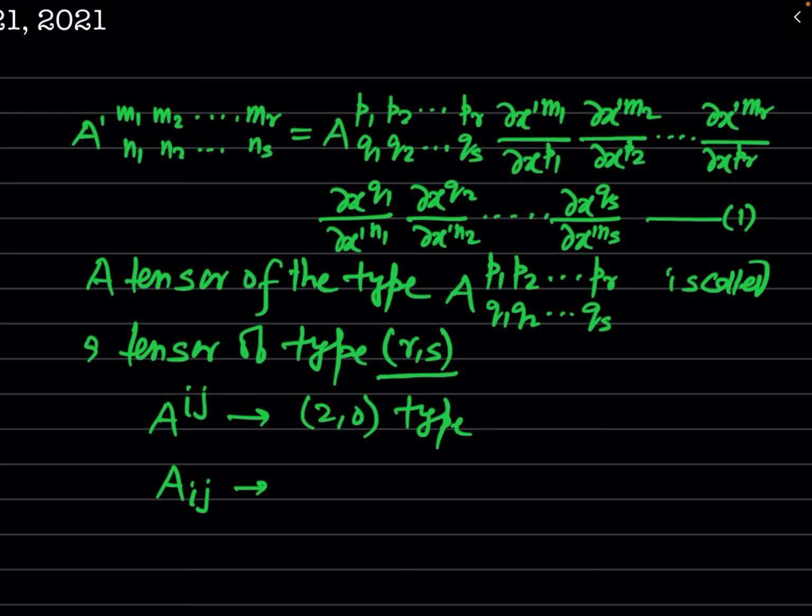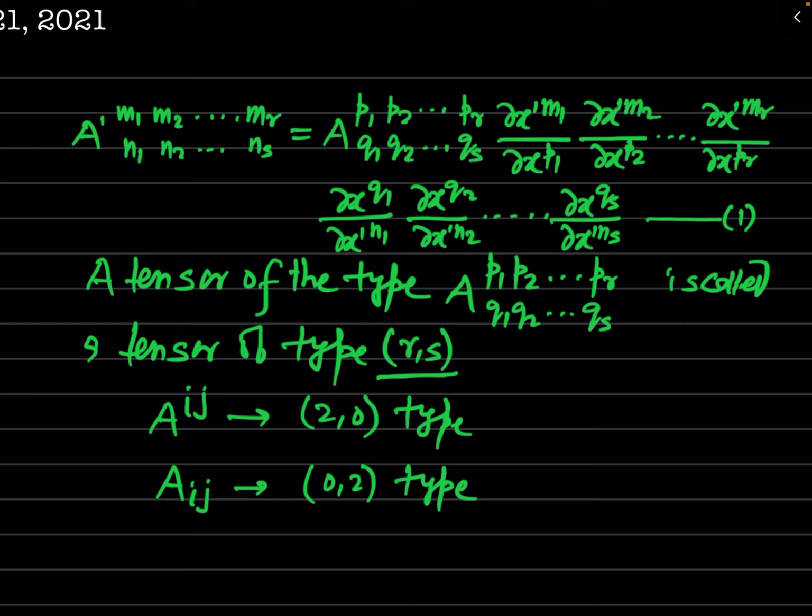But there are two covariant indices, so the covariant rank of this tensor is 2, and therefore you can say that this is a tensor of the type (0, 2). So this is a (0, 2) type tensor. Remember, this type of tensor will be very significant when we discuss algebraic operations like the addition of tensors, subtraction of tensors; then this will matter.